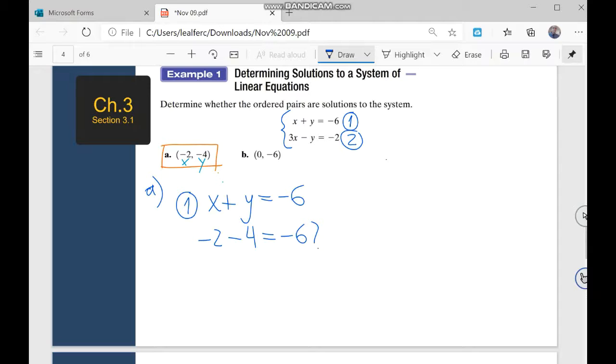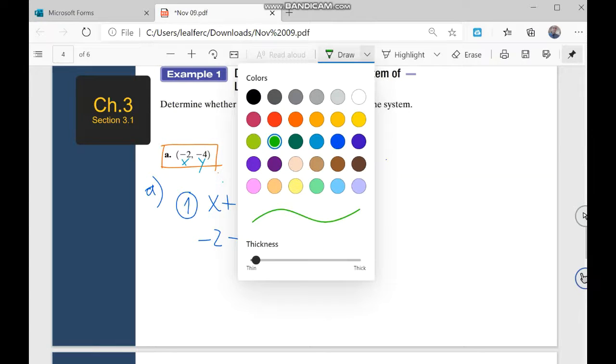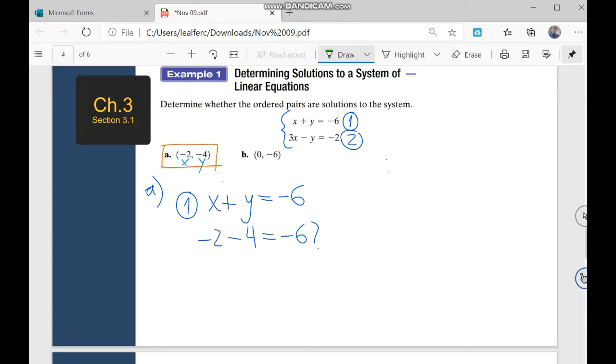Is -2 plus -4 equals -6? Yes or no? And the answer here is going to be yes. -2 plus -4 is -6, and this is a true statement, equals -6. Yes.